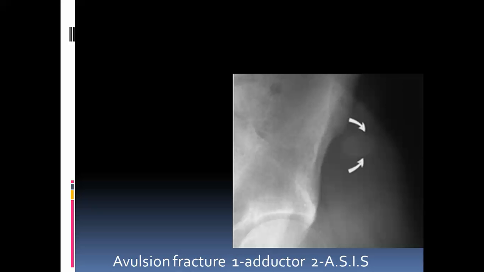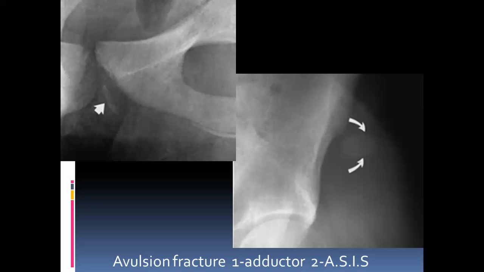Here we have an avulsion fracture of the anterior superior iliac spine, and here we have avulsion of the symphysis due to adductor injury.